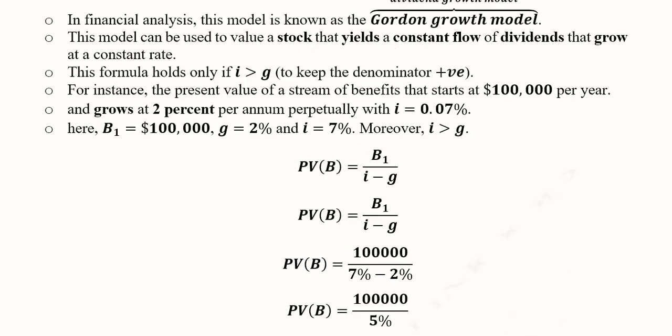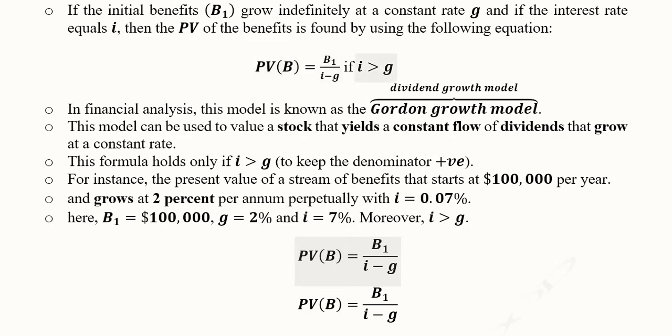Now this formula is ready, and again I should be greater than G for this formula to hold, otherwise this formula will make the denominator negative and it will give us a negative answer of the perpetuity, which is definitely not meaningful.